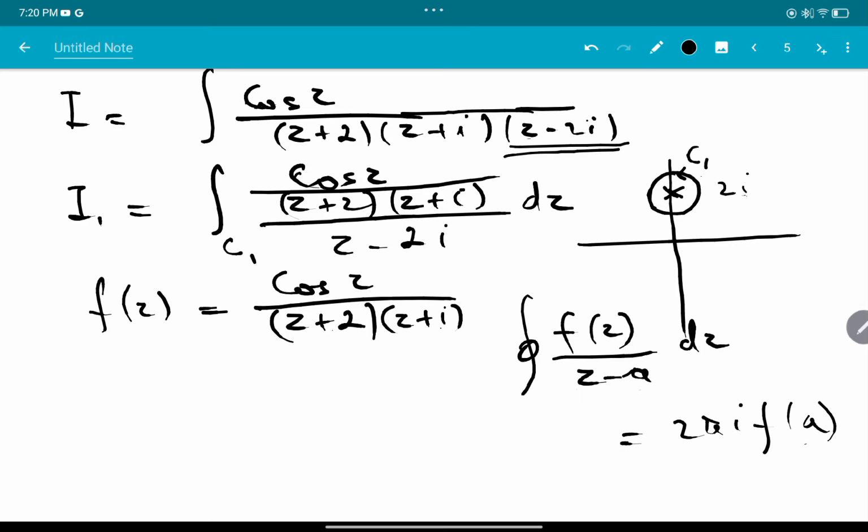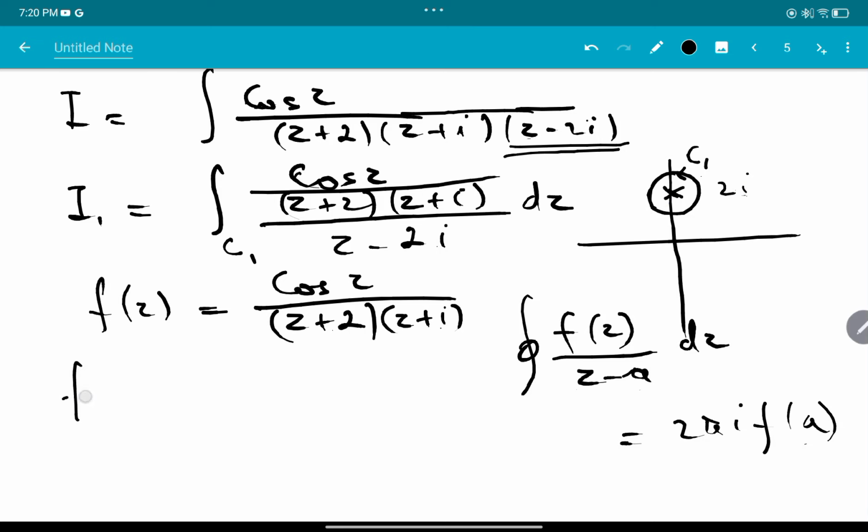So we treat it as this. What is the value of f(z) at a? What is a? A is 2i, this singularity 2i.